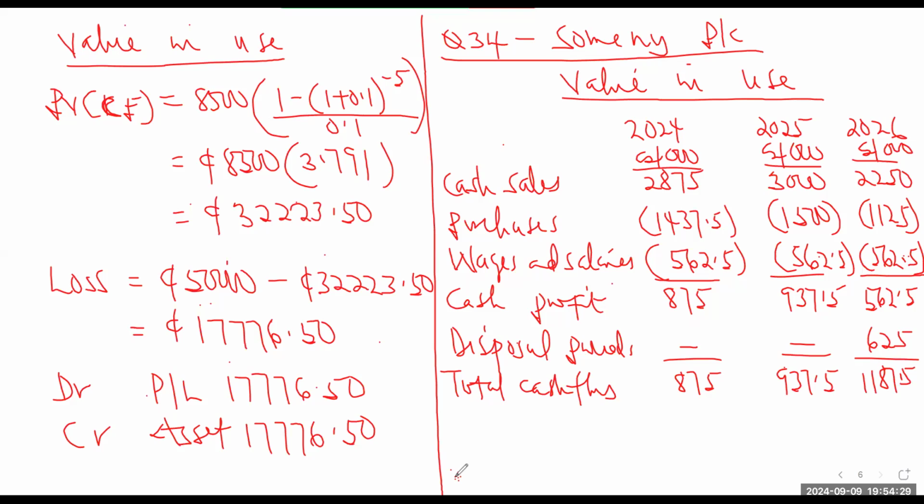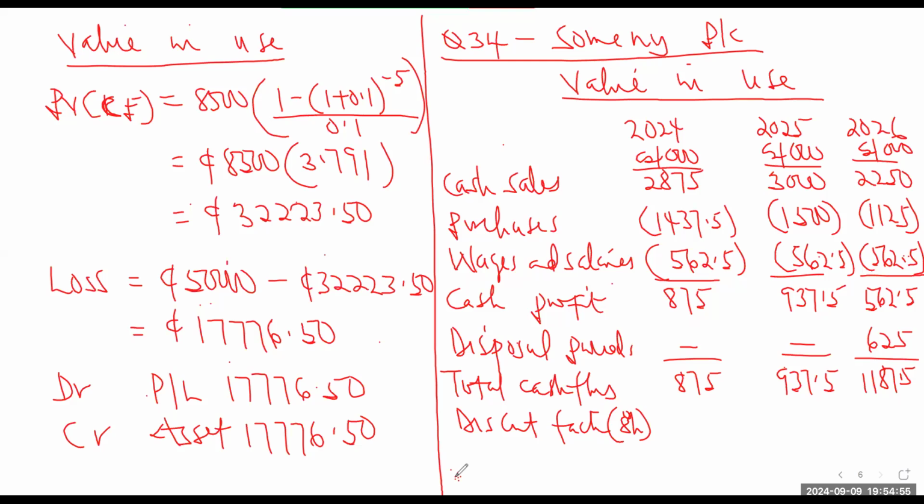Value in use. We have to present value this one. So you have to bring your discount factor now. The discount factor is 8%. So 8% the first year will give us 1 over 1 plus 0.08 exponent 1. We use a normal discount factor because these are all future values. They are not an annuity.